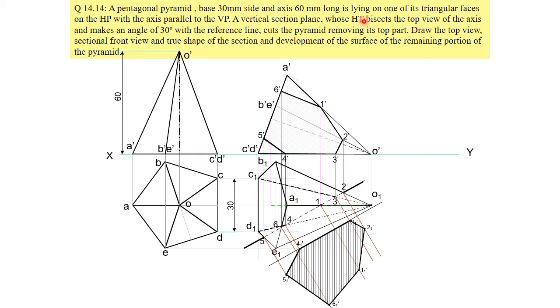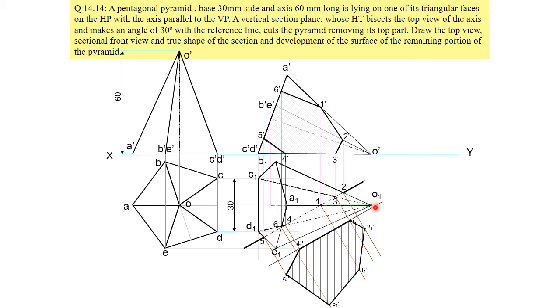The next thing you have to do is the cutting plane. HT bisects the top view. HT is the horizontal trace, which lies on the horizontal plane. That means the plane is vertical to HP and makes an angle with the vertical plane.